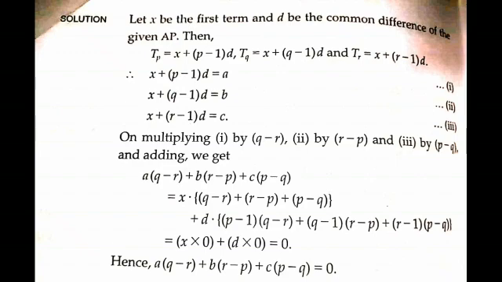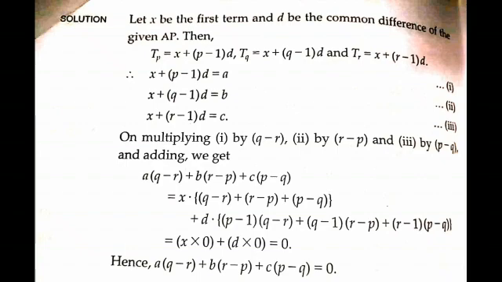Let x be the first term and d be the common difference of the given AP. Then we will have the pth term equal to x plus (p minus 1) into d, the qth term equal to x plus (q minus 1) into d, and the rth term equal to x plus (r minus 1) into d.